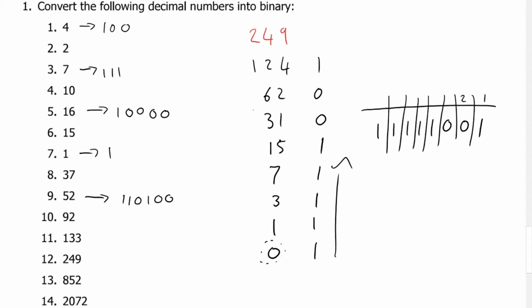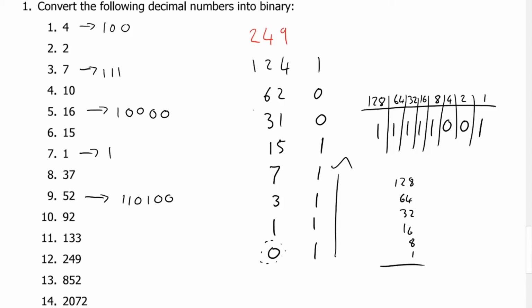It's 1, 2, 4, 8, 16, 32, 64, 128. Where there's a 1 we have 128, 64, 32, 16, 8, and a 1.